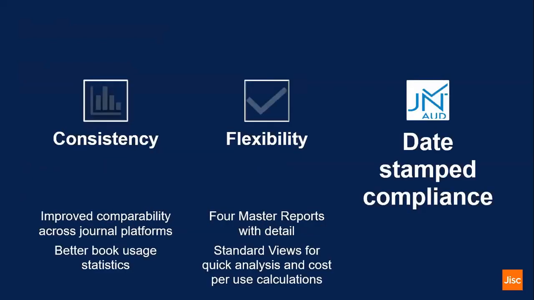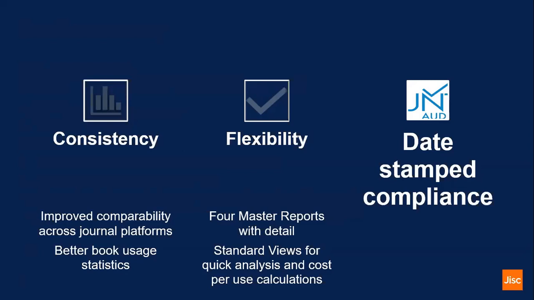So with Release 5, we have worked hard to introduce far more consistency across the reports that are available. For example, all the report headers are common, which was not the case with Release 4. And we've attempted to address the problem of what we call the interface effect, which is where the way that different vendors lay out their sites can have significant difference on the sort of headline figures that you might see in reports.